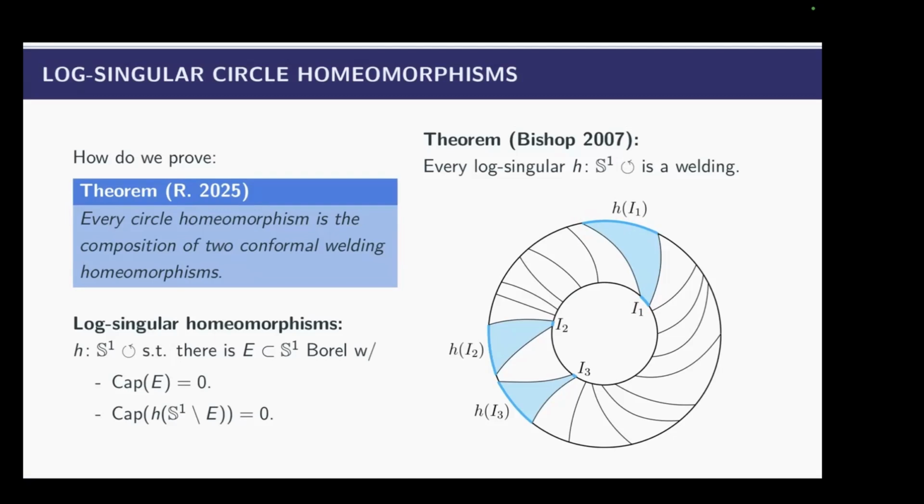This was great because the theorems that came before Chris's result were showing that if a circle homeomorphism is regular enough, then it is a conformal welding. And he proved that if you choose the worst circle homeomorphism that you would ever want to consider, then it's also a conformal welding. And as we have seen before, there are many examples in between that are not conformal weldings.